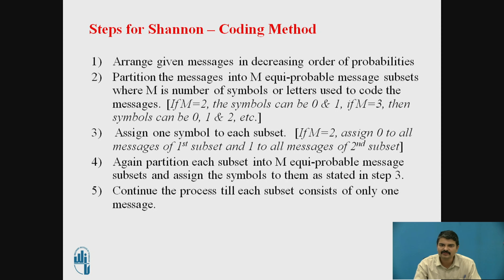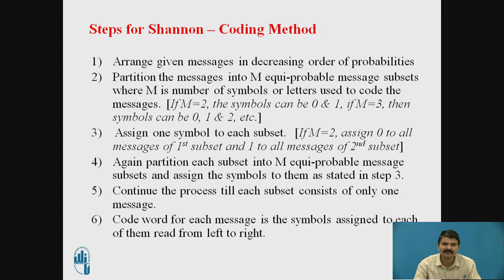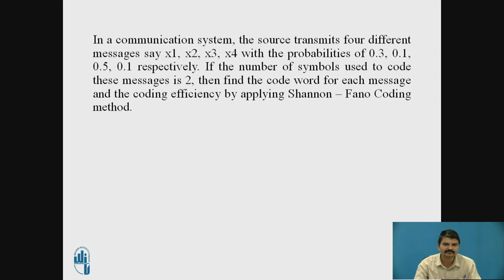Continue this process till the subset consists of only one message. Lastly, the code word of each symbol is assigned from left to right. We will discuss this Shannon Fano coding method with one example.